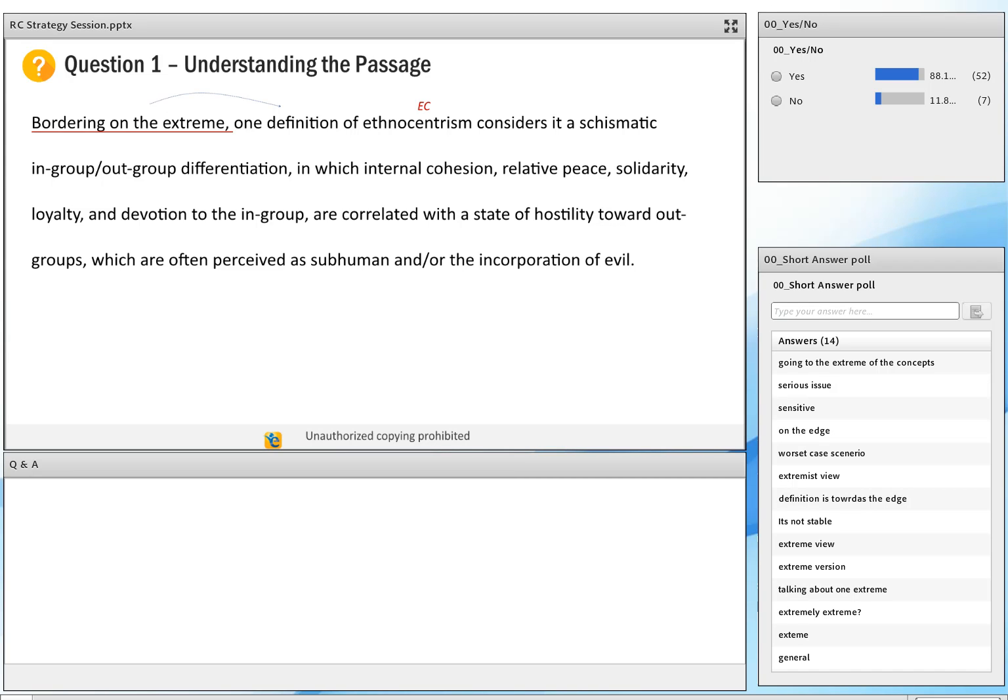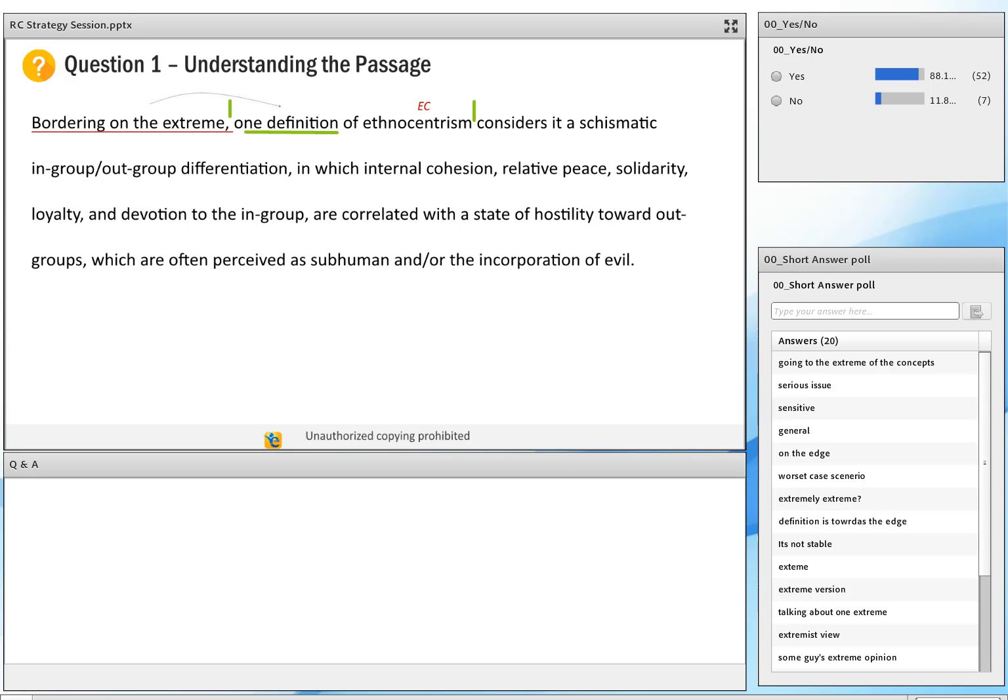Now, according to this exaggerated definition, where did I pause? I first paused at this point over here, bordering on the extreme. Then I paused at one definition of ethnocentrism, and I tried to understand what bordering on the extreme describes, and I understood it describes one definition. And then I understood that bordering on the extreme means this one definition of ethnocentrism is exaggerated.